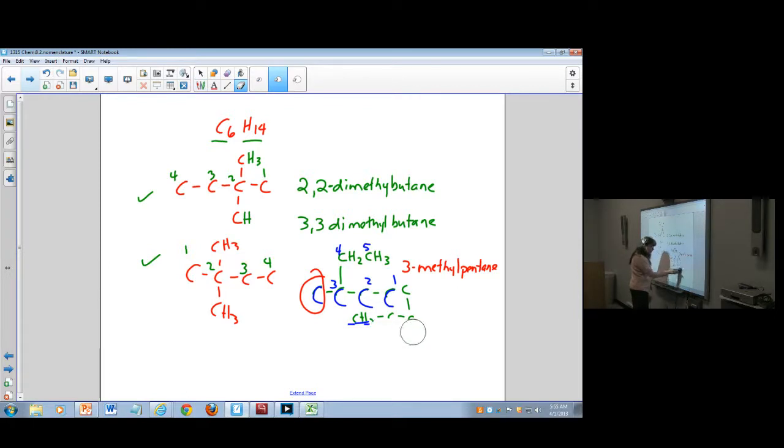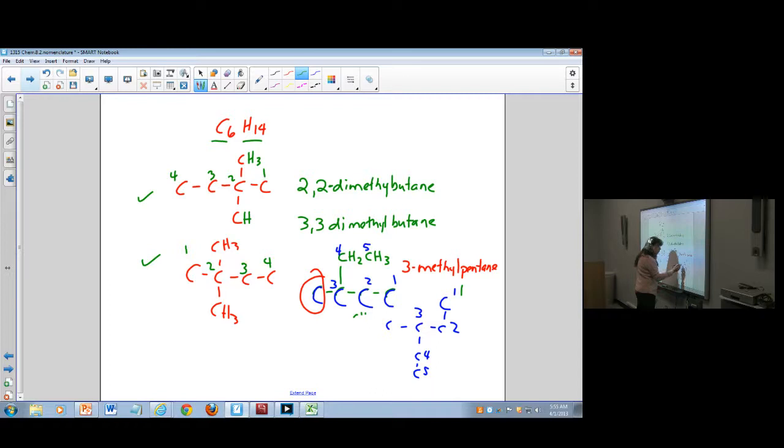But if you look at this, we can number this 1, 2, 3, 4, and 5. Or we can number it the other direction. But if we come out here and try to make this 1, 2, 3, then we have not gotten the longest part of the chain, because the longest part of the chain includes all of these carbons.